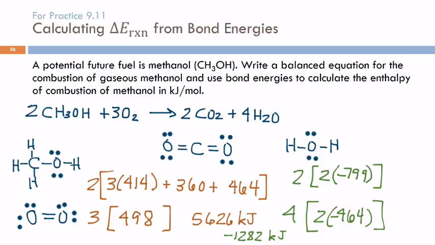Do we expect a negative number for the combustion of methanol? Burning things usually releases energy. So it releases energy. We expect that it's going to be negative. So delta H is negative 1282.